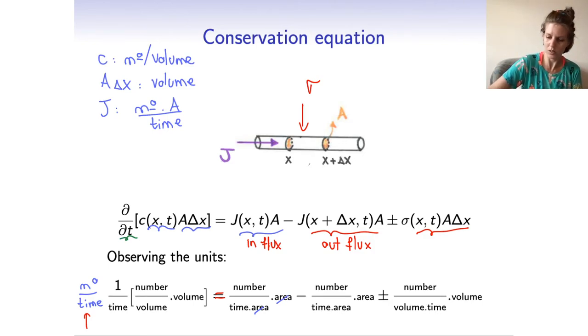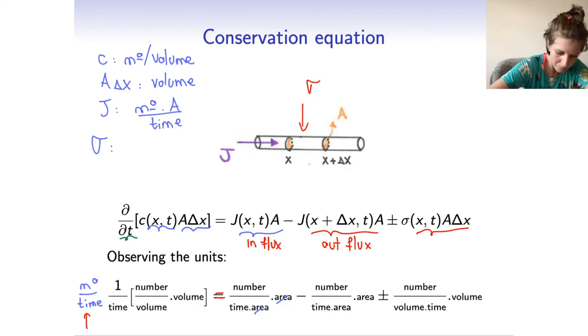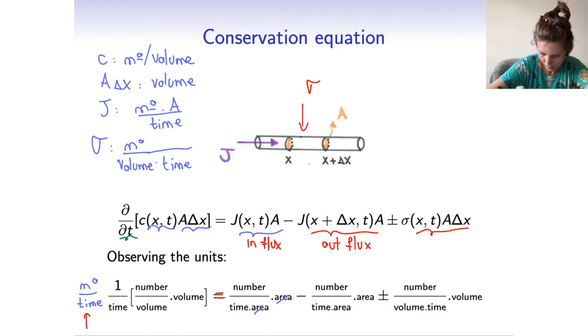And our sigma function has the unity of number divided by volume times time. If we multiply it by volume, this will cancel and again we have number per time.